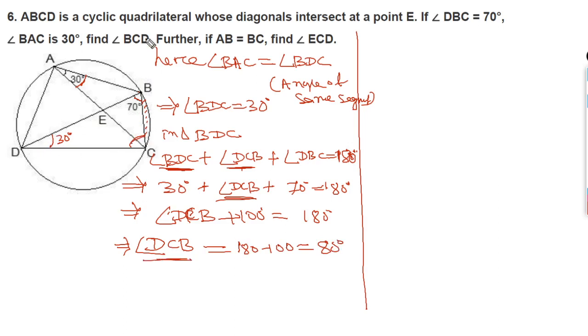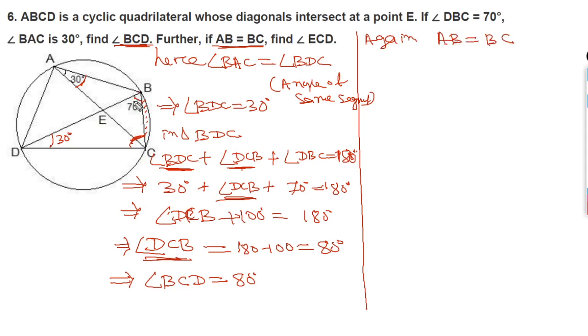So we needed this angle, angle DCB. Oh, it's written BCD. DCB and BCD are the same, so you can write angle BCD instead of DCB. Angle BCD is equal to 80 degrees. So we have found this angle. Further, it is saying AB equals BC.